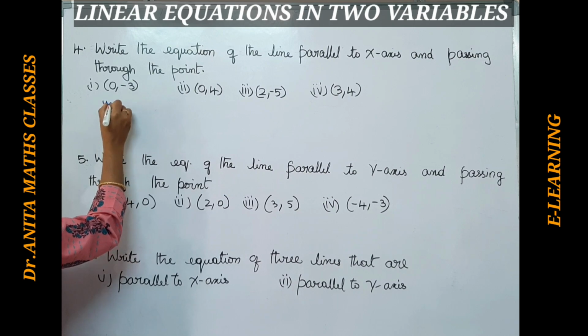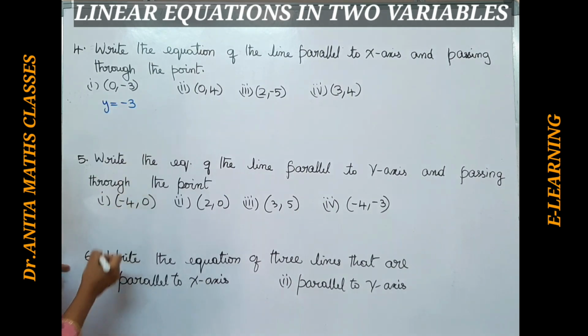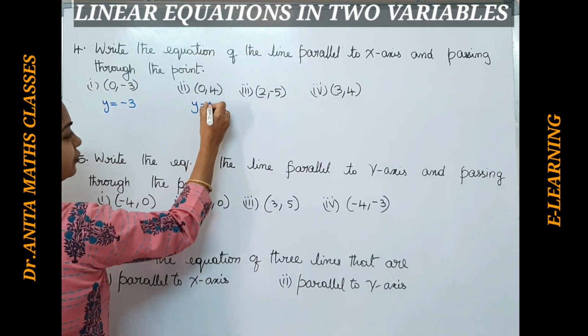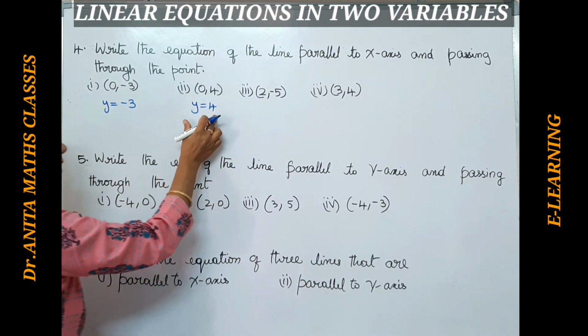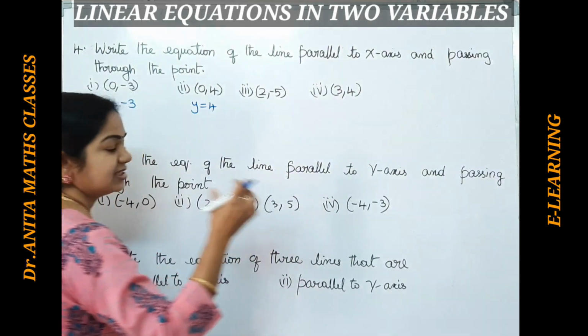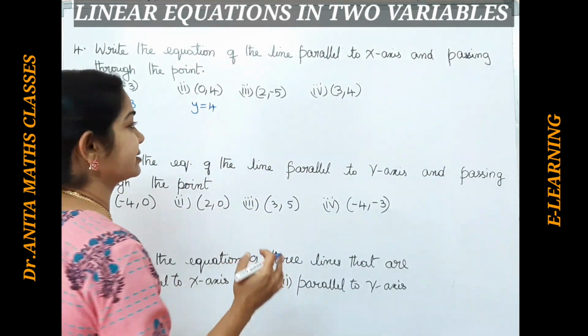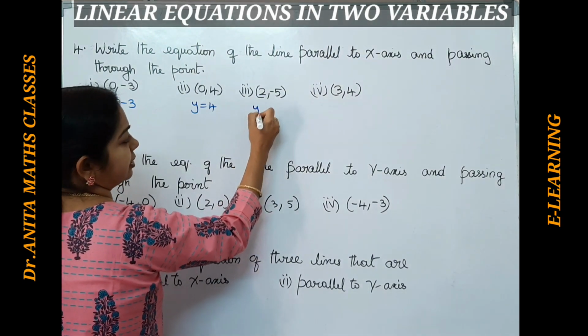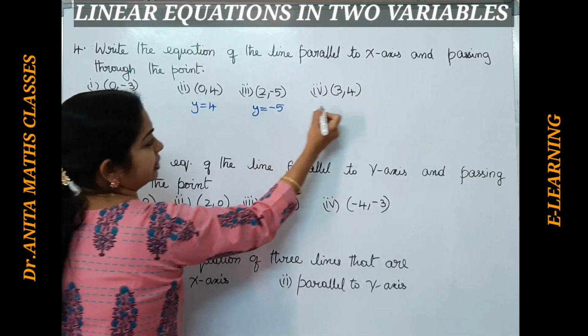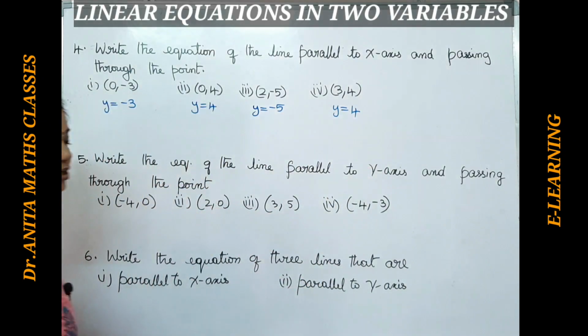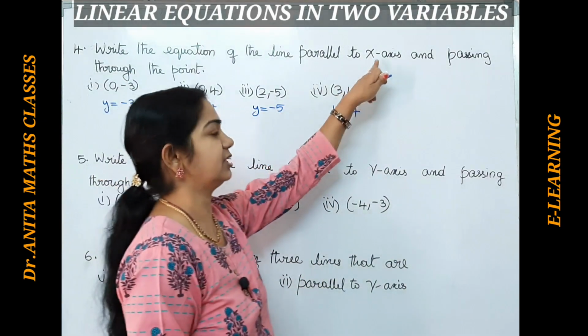So y equal to -3 is the equation. Here 0, 4, so y equal to 4 is the equation of the line parallel to the x-axis. Just remember, if it is the x-axis, take y. If it is the y-axis, go for x. So y equal to -5 here and y equal to 4. These are the equations of the lines parallel to the x-axis.